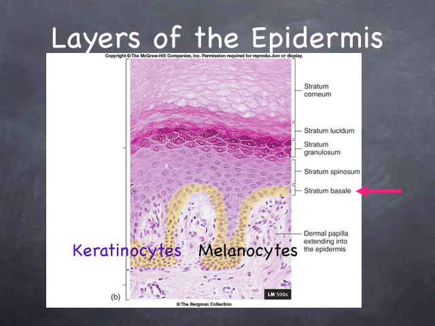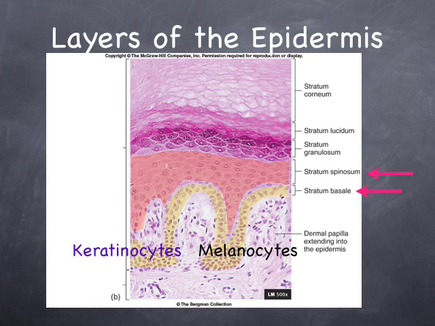Now, the next layer up is the stratum spinosum. Okay, so let's look at that one. This is where the cells go that the stratum basale makes. So you might want to describe these as like teenagers. They're not little babies like the stratum basale.